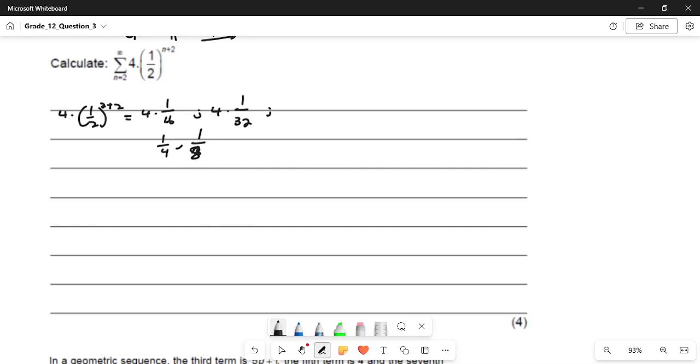And now we can say our a is equal to a quarter, and then the ratio will just be the second term divided by the first term. So that means I have 1 divided by 8, and I'll just multiply by 4. So this is 1 divided by 2. This is our value of r.